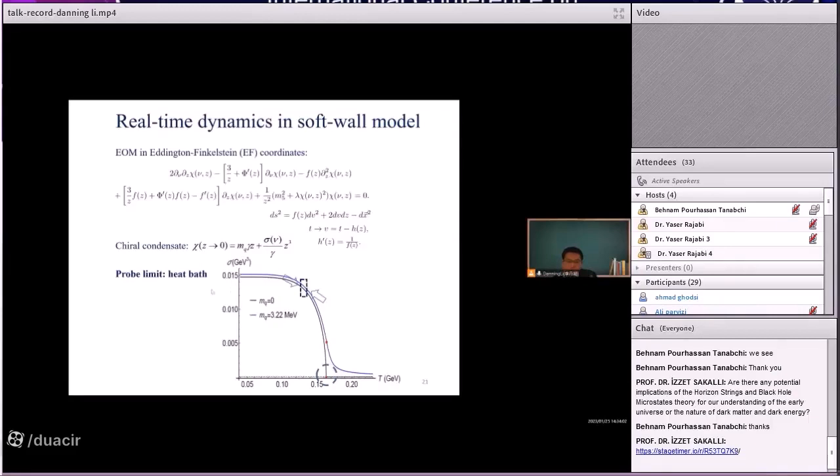But here I have to emphasize that we use the probe limit. So in the formation part, it's like we drop the matter into a heat bath. So it's not a full calculation, it's just under a heat bath. The strategy is that we choose the initial condition from other equilibrium states, put it into a certain finite temperature, and try to see how it evolves.